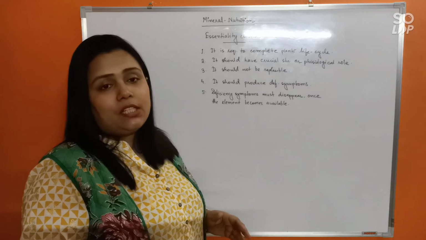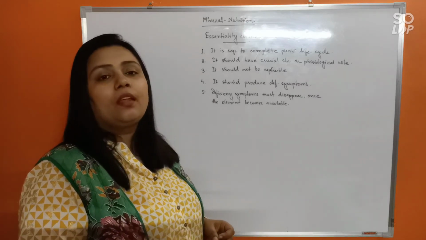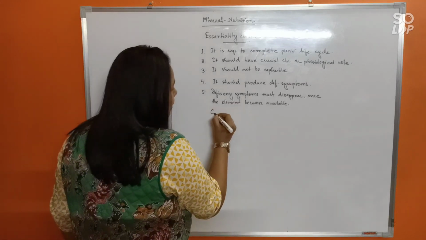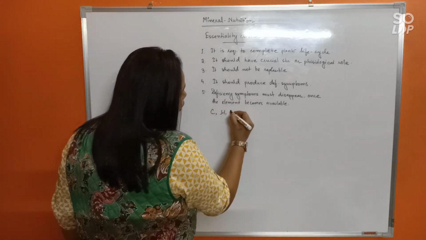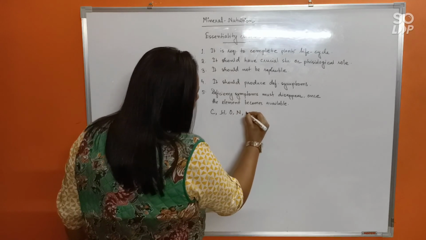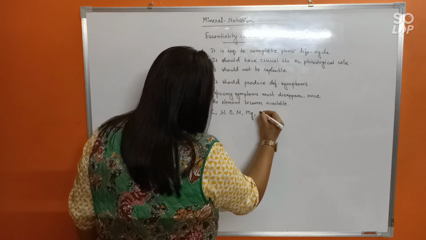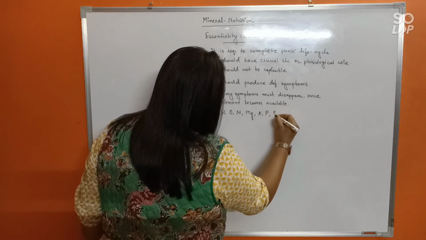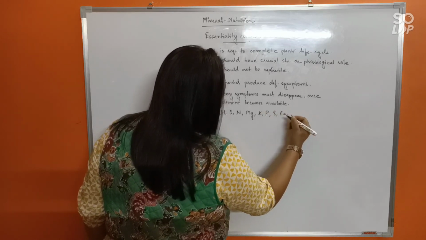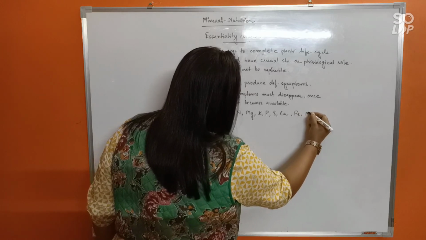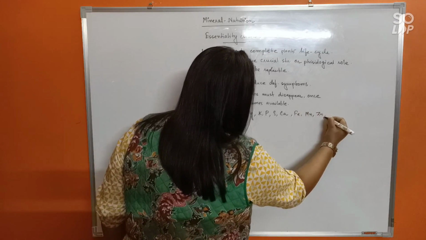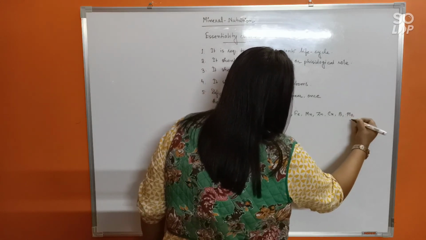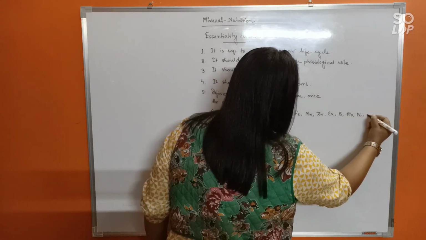So these 17 essential elements are, let me write it for you: carbon, hydrogen, oxygen, nitrogen, magnesium, potassium, phosphorus, sulfur, calcium, iron, manganese, zinc, copper, boron, molybdenum, nickel and chlorine.